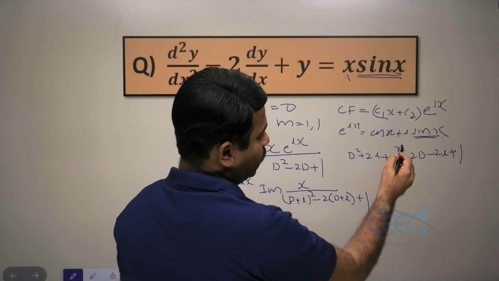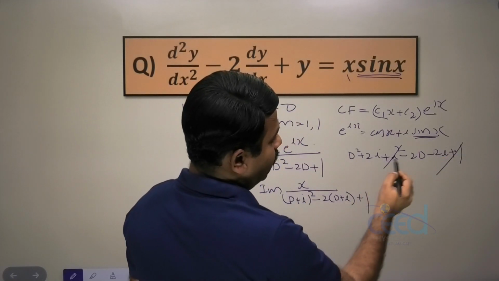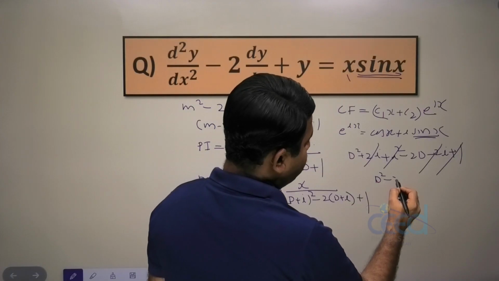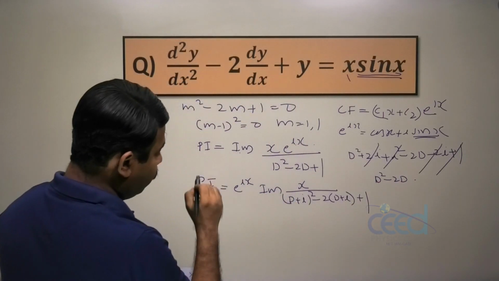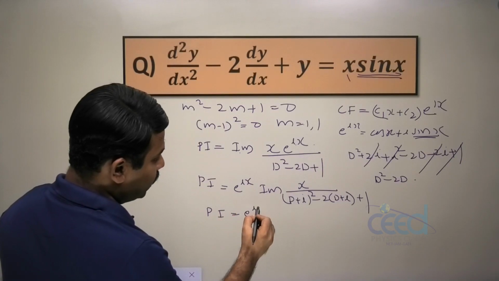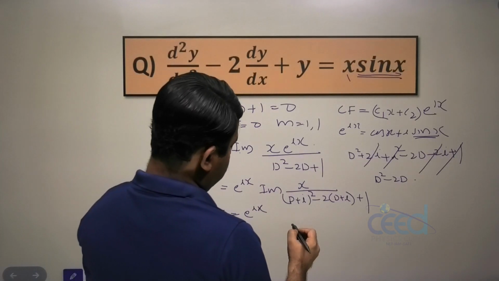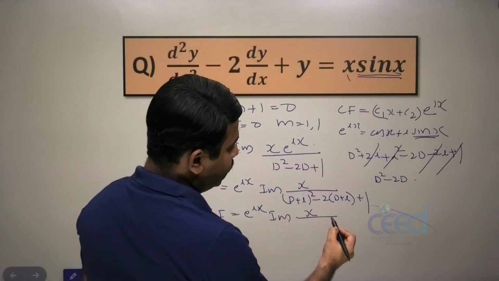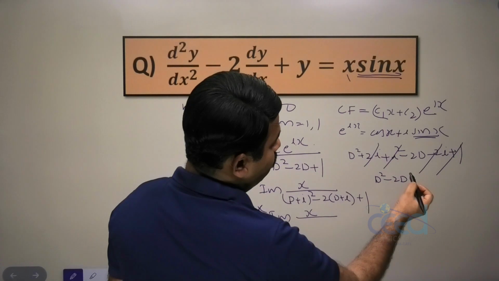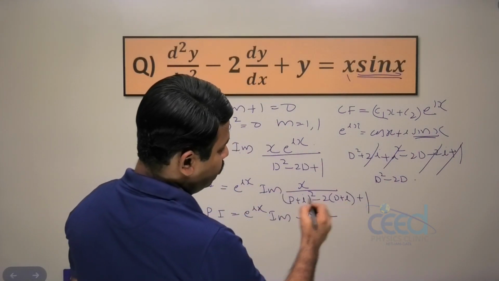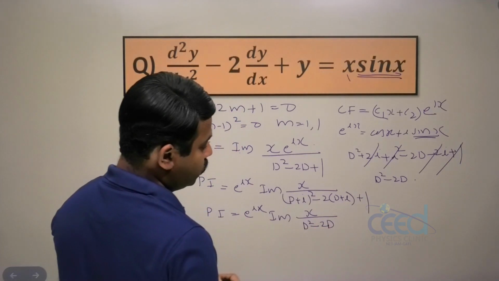The 1 and minus 1 cancel, and the 2di and minus 2i terms cancel, leaving d square minus 2d. So the particular integral is e raised to ix into the imaginary part of x divided by d square minus 2d.